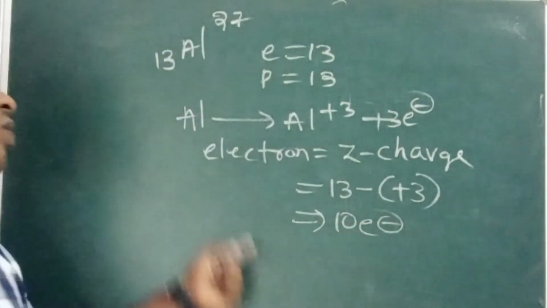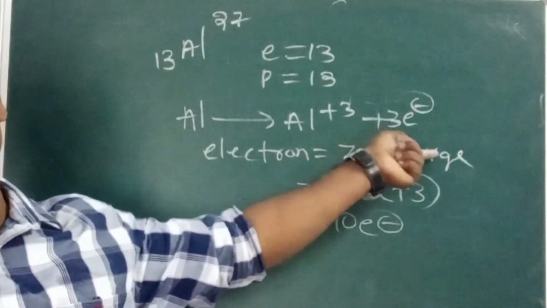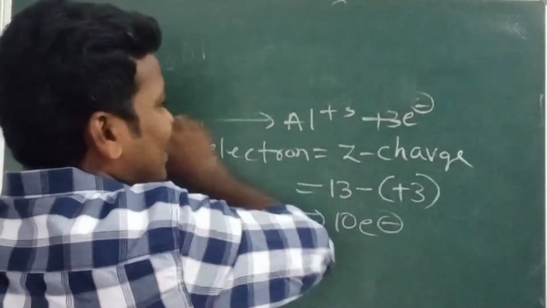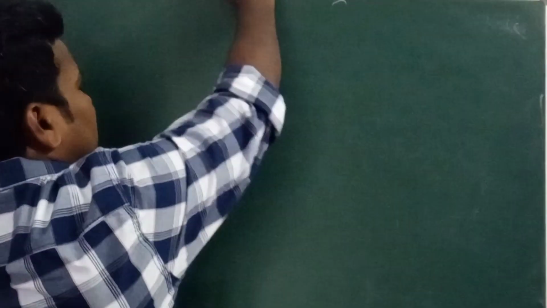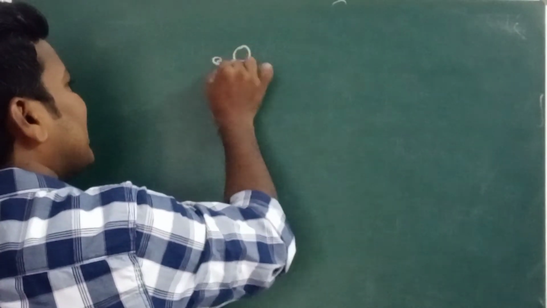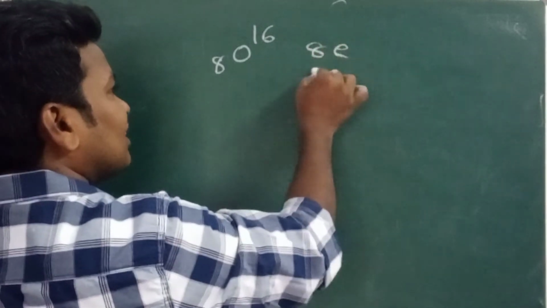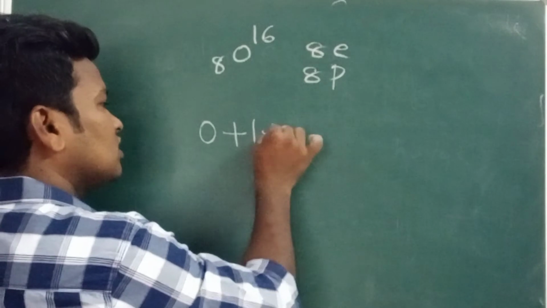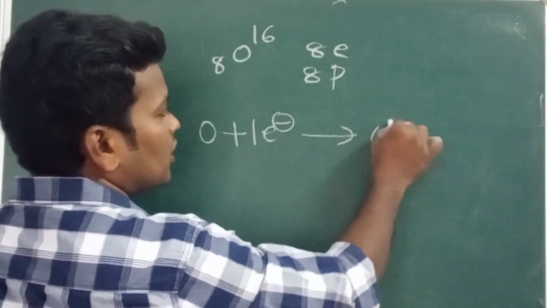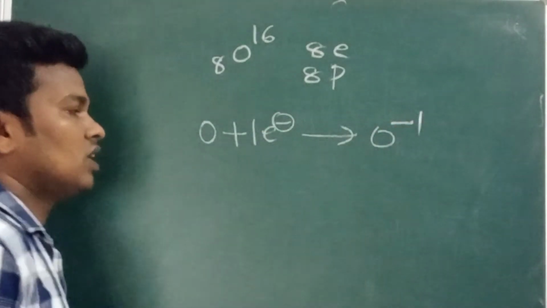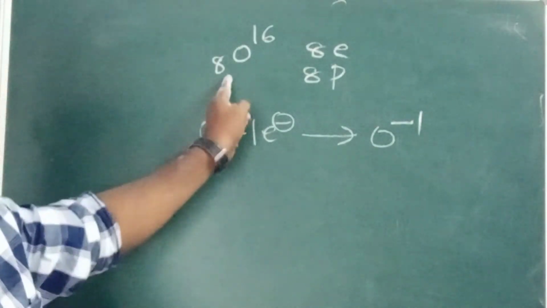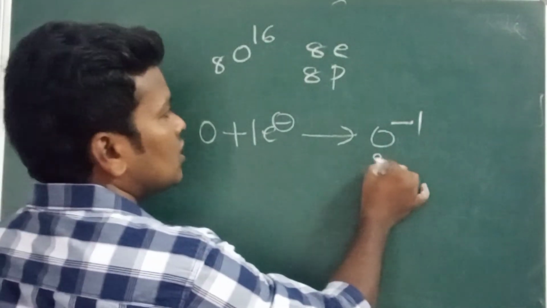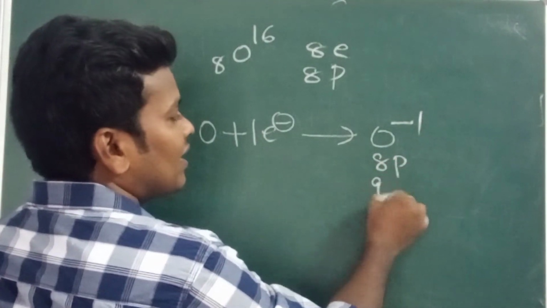You can follow it. If you want to calculate the electrons, Z minus charge, whatever the charge is there, you can use. So for example, in case of a negative ion, oxygen 16, 8. Here 8 electrons, 8 protons will be there. Oxygen gaining an electron will become minus 1 charge. So before there were only 8 electrons, but after gaining an electron, you can see here 8 protons, 9 electrons will be there.